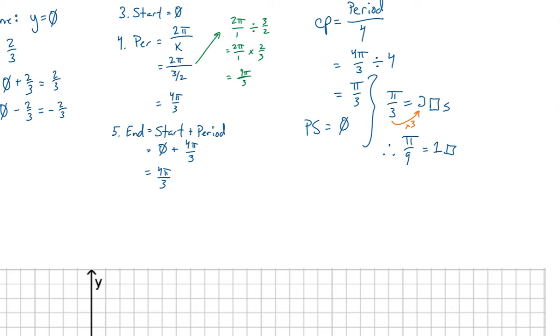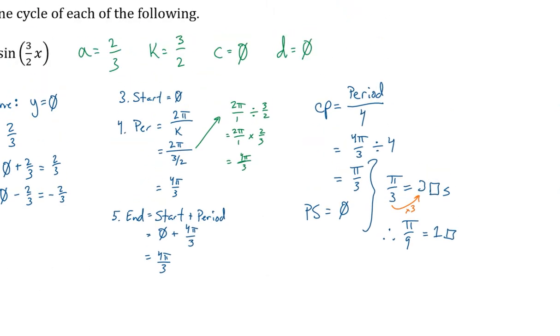So I've decided that pi by 3 will be 3 squares, and that's how I'm going to do my x scale. So this was all determining our x scale. It can be a little bit tricky, even trickier when you've got a phase shift that's not 0. The next example will show that.